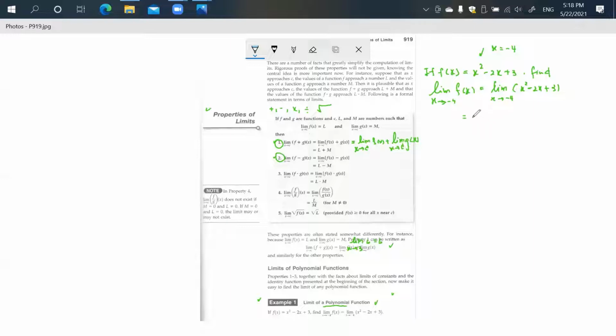So how do you write it down if you show the work? You can expand it: this becomes the limit of x squared as x approaches negative 4, minus the limit of 2x as x approaches negative 4, plus the limit of 3 as x approaches negative 4. The limit of x squared means the limit of x times the limit of x as x approaches negative 4.